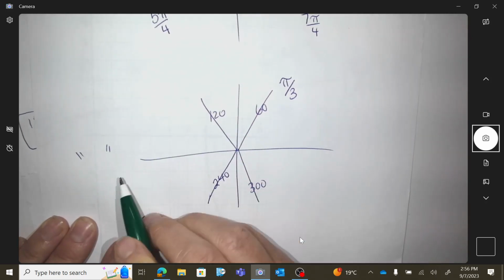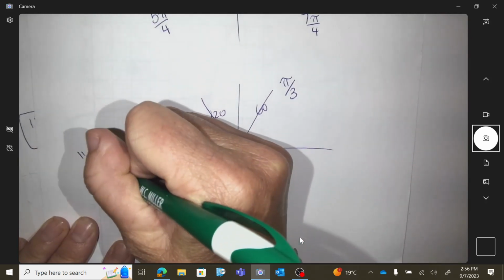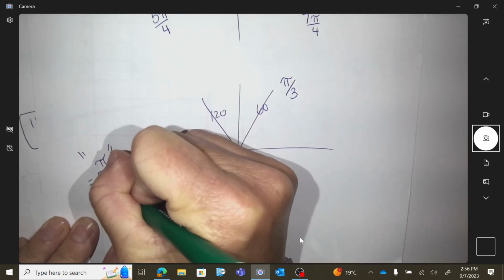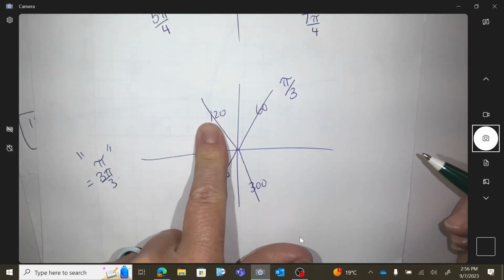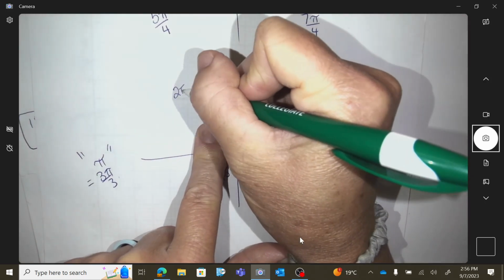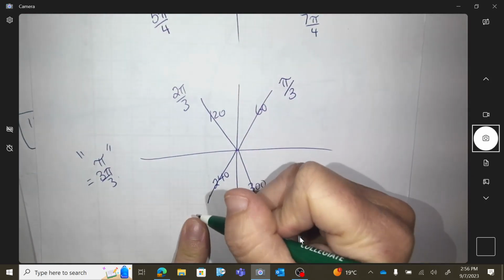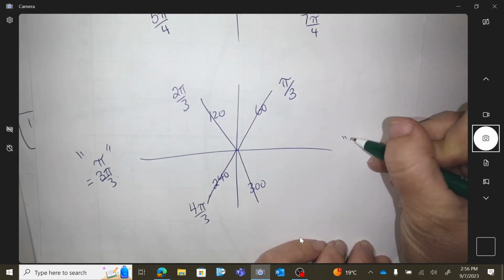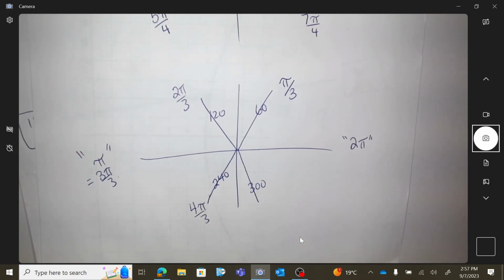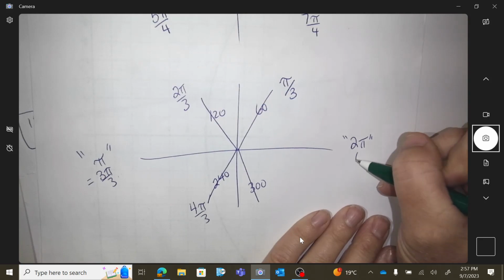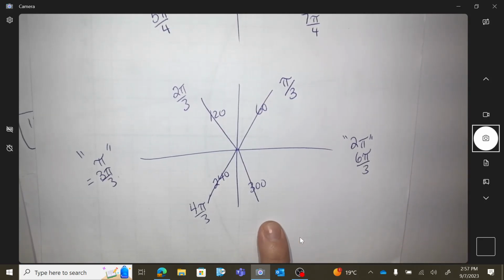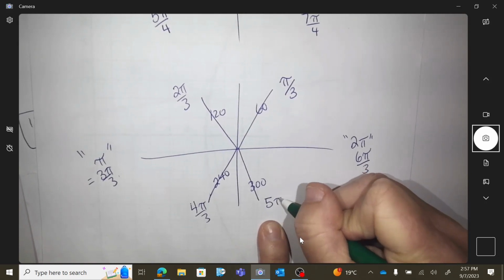What is pi now? 3 over 3. So this one is going to be 2 pi over 3. And this is going to be 4 pi over 3. And the full circle, which is 2 pi, is now 6 over 3. So this is going to be 5 pi over 3.